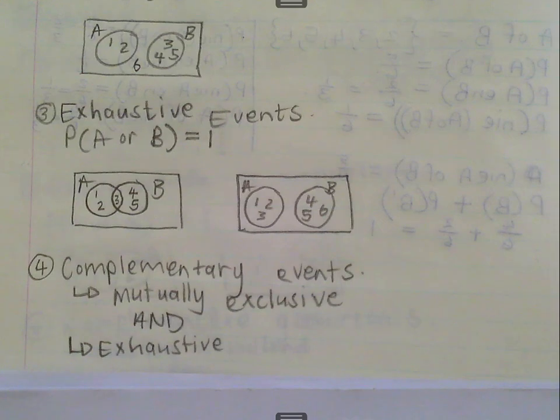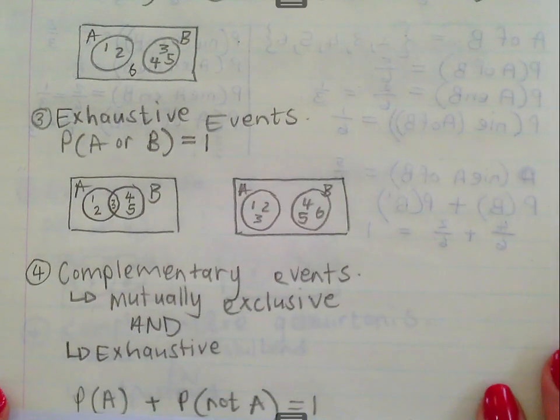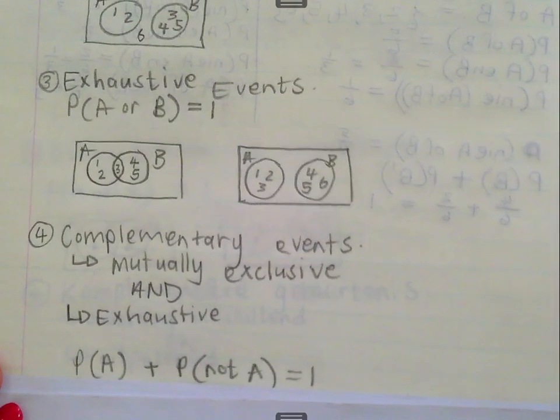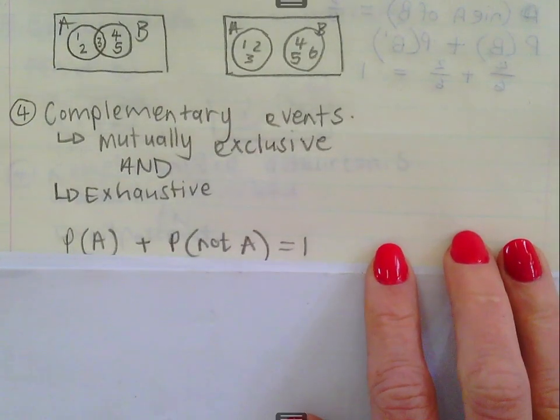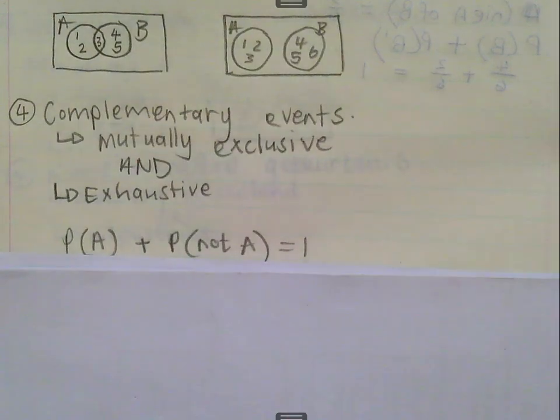Okay, and the formula that we use here is we can just say that the probability of A plus the probability of not A is equal to 1. Now let me explain this to you because it sounds very difficult.